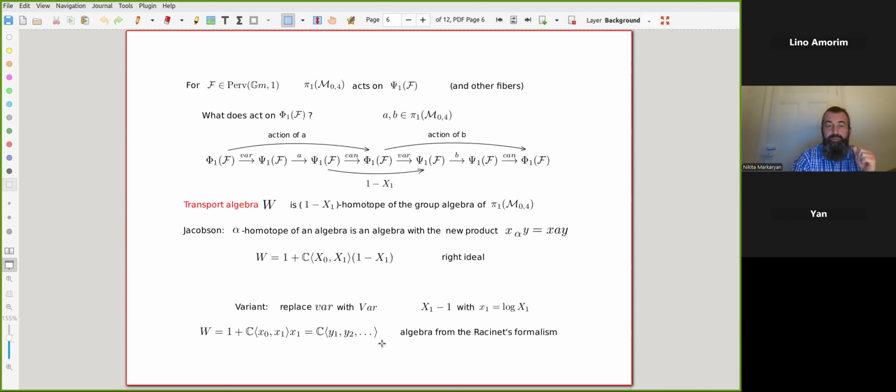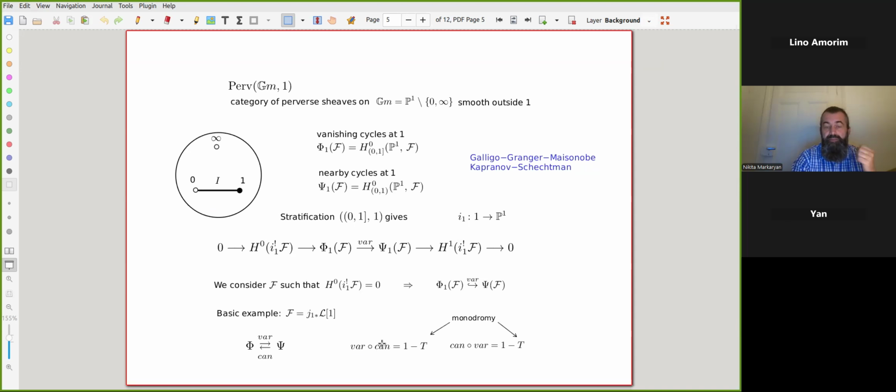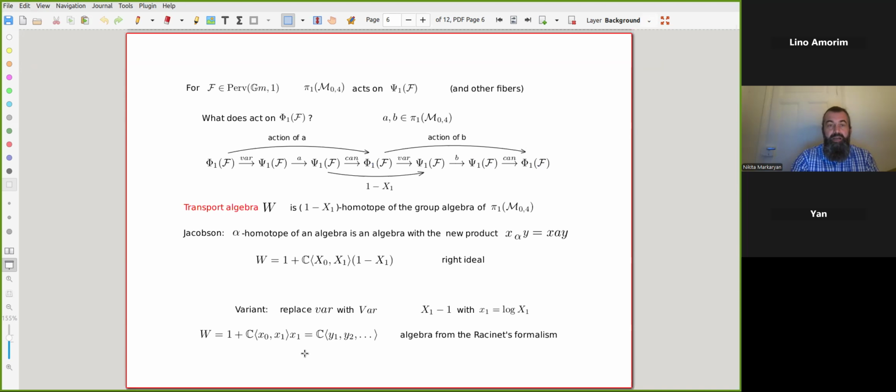By the way, in the preprint of Lyubashenko, this is taken as a definition of perverse sheaves, which makes everything a nightmare, because if you take this as a definition and try to perform some operations, it's really hard to understand what's going on there.